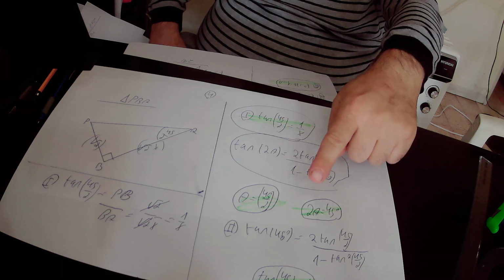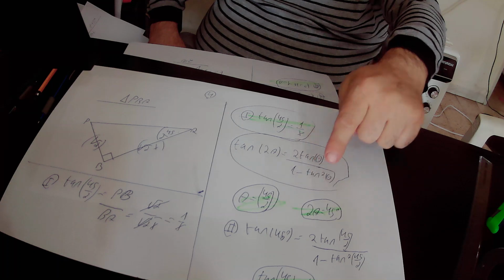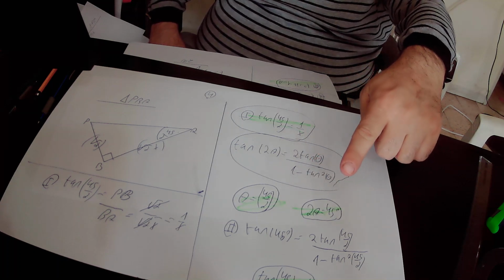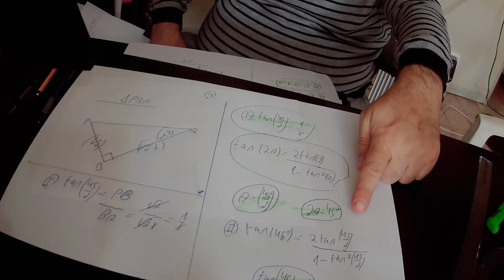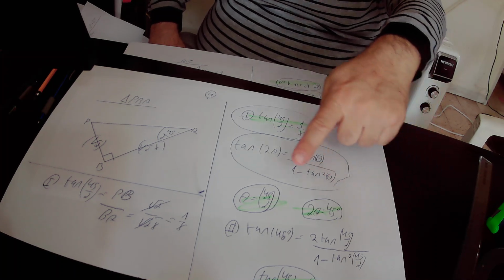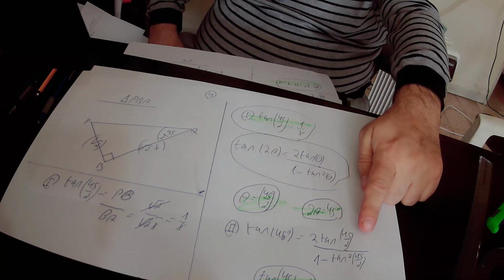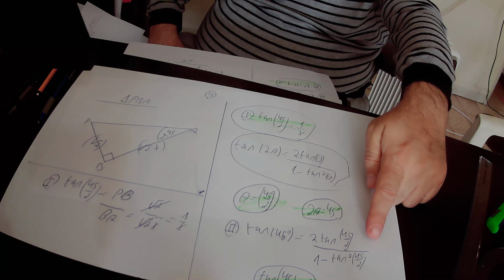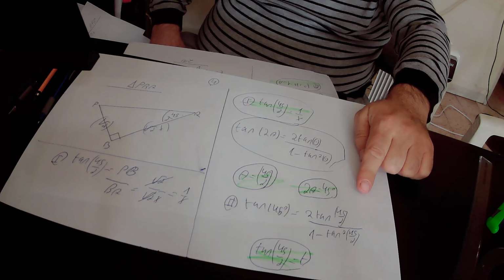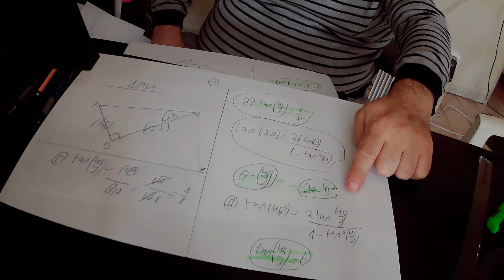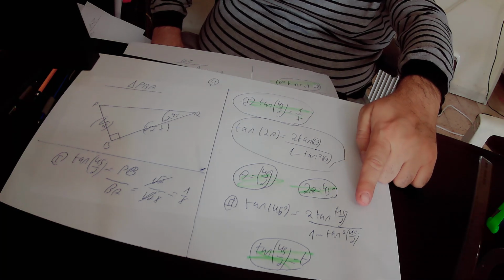So tangent of 45 degrees equals 2 times tangent 45 over 2 degrees, over 1 minus tangent squared 45 over 2 degrees.